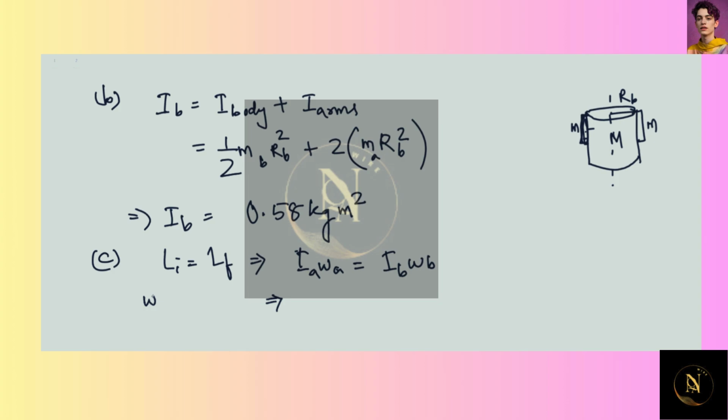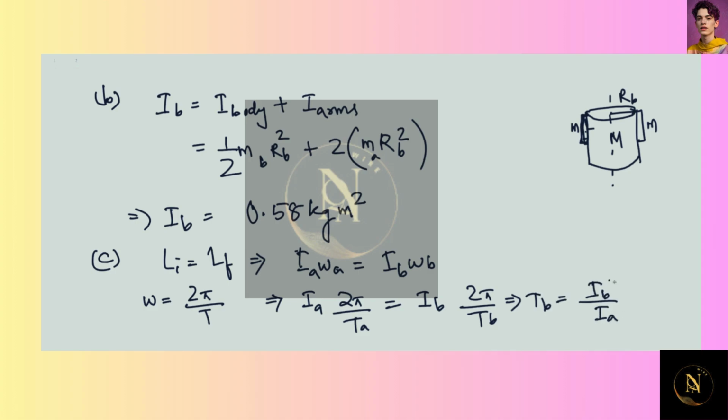Now let's use omega equal to 2 pi over time period. So for omega_A, we have 2 pi over the time period T_A in part A, equal to I_B times 2 pi over the time period in part B. This gives T_B equal to I_B over I_A times T_A. Now T_A is given to be 1.5 seconds.